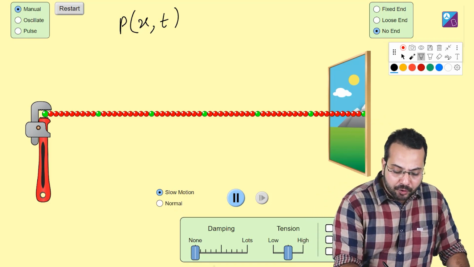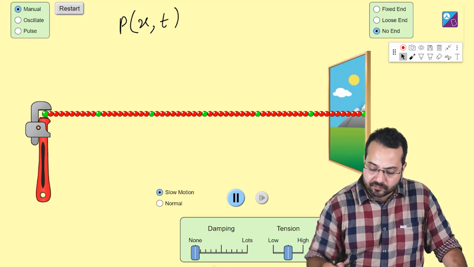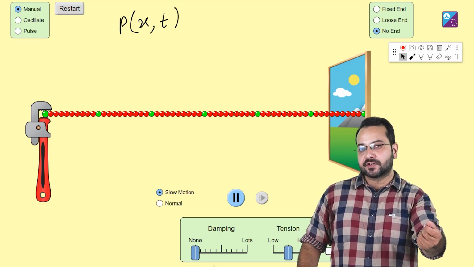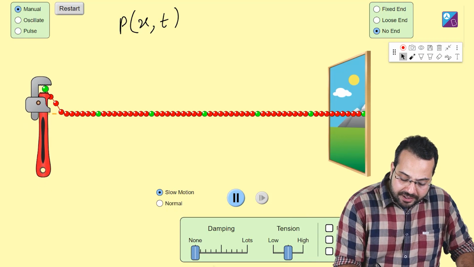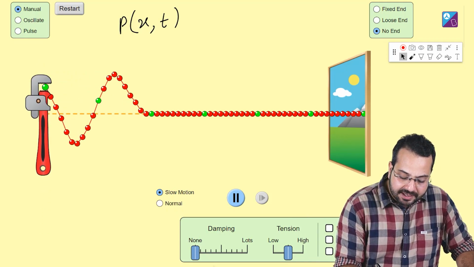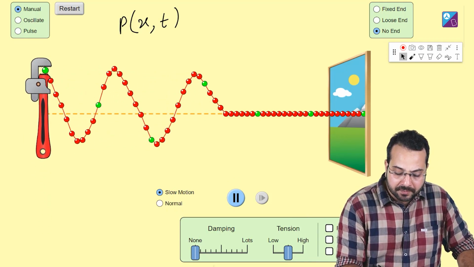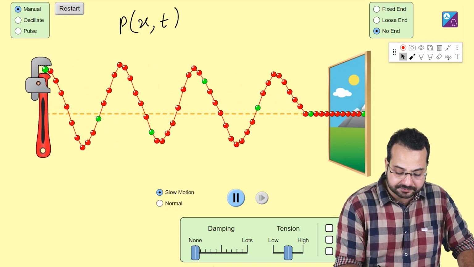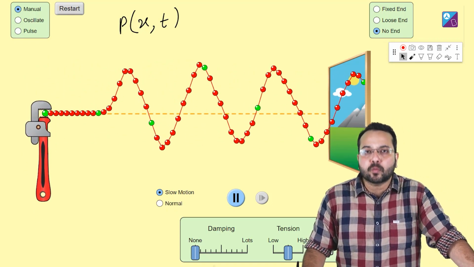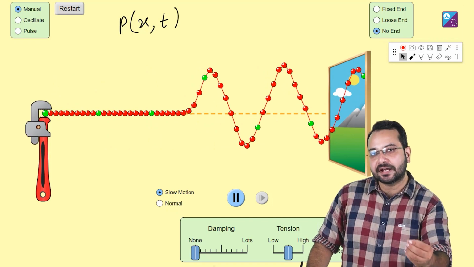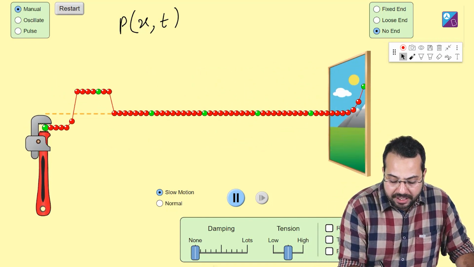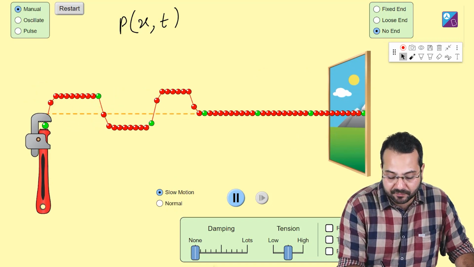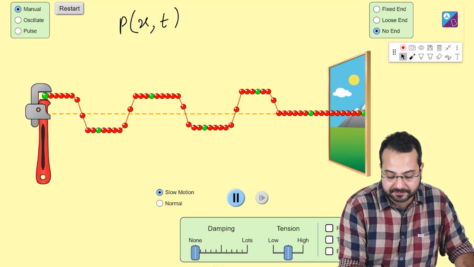So for that, what I'm going to do is move the left end of the string and create a waveform. So the left end of the string can go something like this, and a kind of waveform is generated. Or I can move this left end in a different manner, something like this, and what I have created is a box type waveform, haven't I?